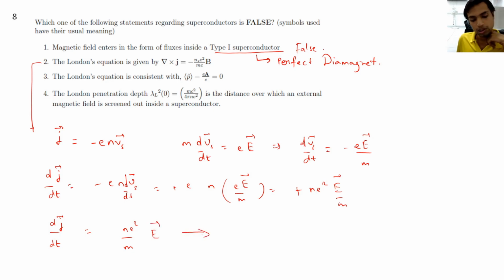Now we take curl on both sides and use curl of E is equal to minus 1 by c del t of the magnetic field. So you take curl on both sides.